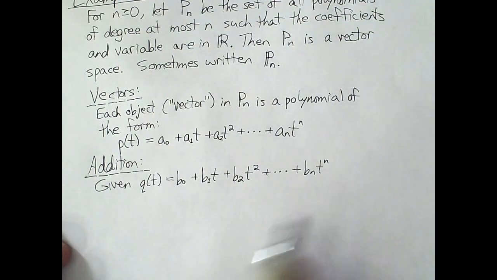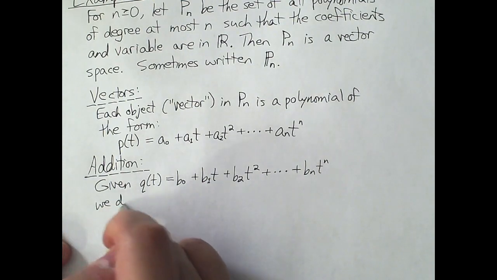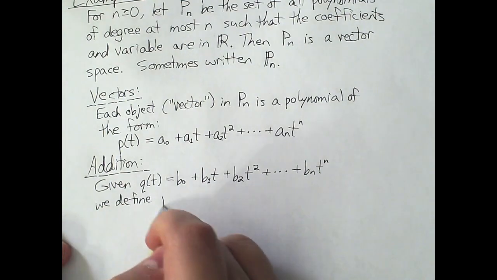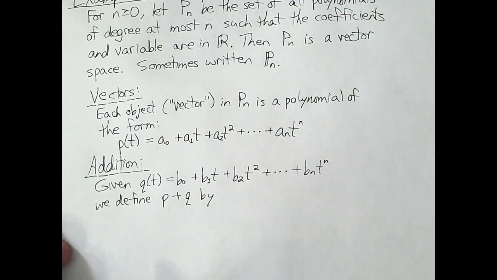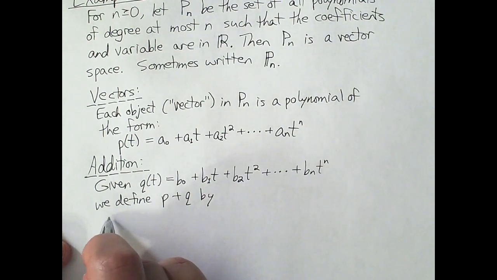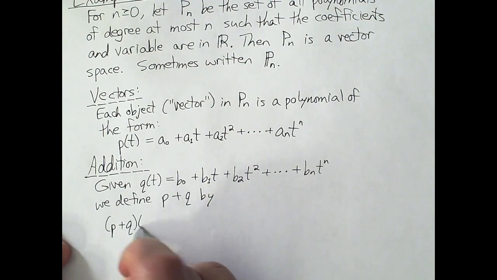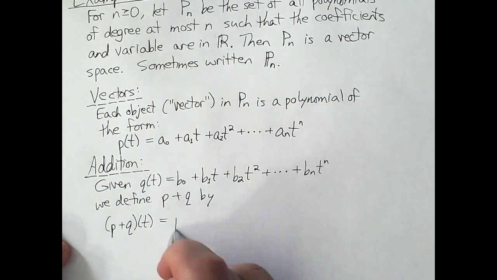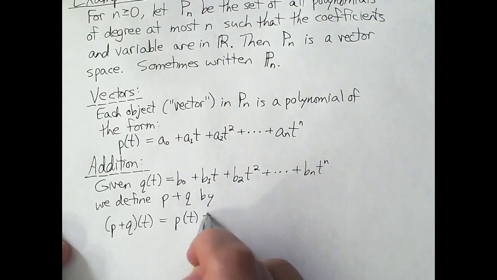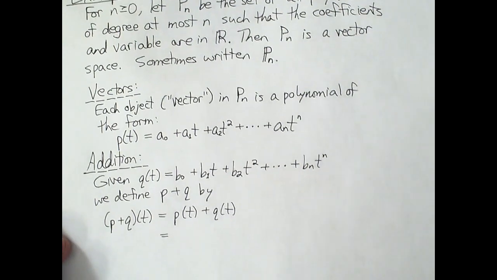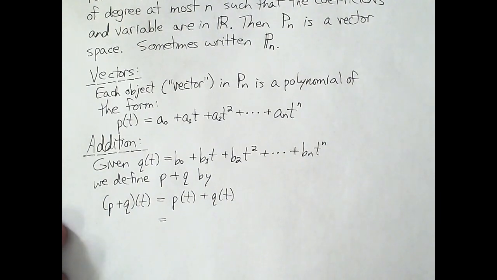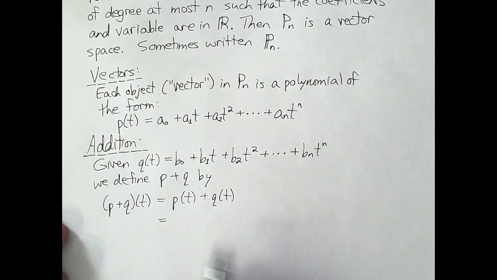All right, given P of t and Q of t, we define P plus Q by, we're going to define addition in this vector space to be just addition of polynomials, so that when you add P plus Q, you get a new polynomial, don't you? And you can do this just by adding the coefficients, can't you?